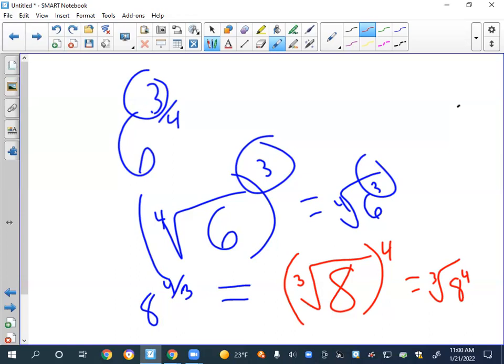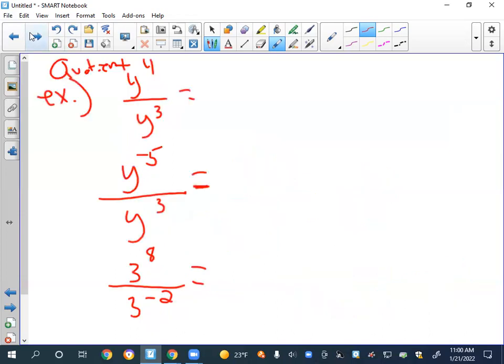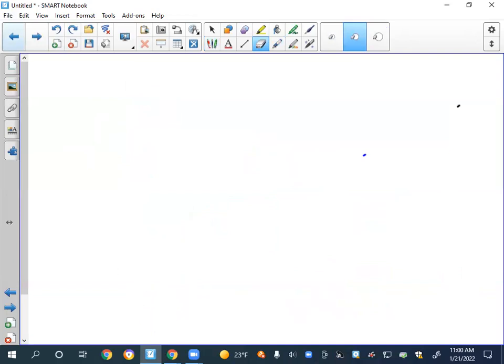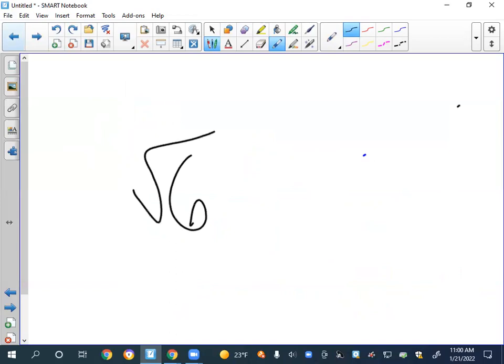Questions? All right, do one of these just so we make sure we understand what if we have to go backwards too. If they give you this, 6 square root of 7 to the 4th, write that as the fractional exponent real quick. If you can do that, you can do anything.